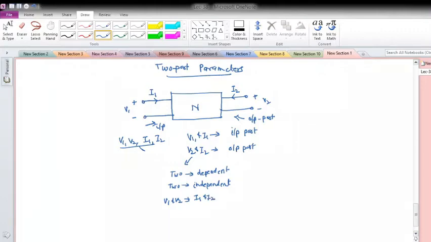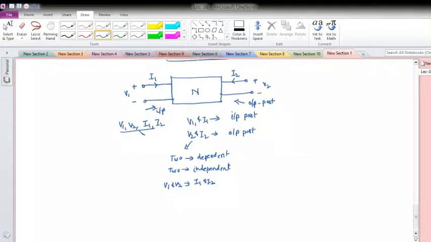Thus the dependency of two of these four variables on the other two variables can also be described in a number of ways, right? And it depends on which variables are chosen as the independent variables and which variables are chosen as dependent variables, because out of four I can choose any two variables as independent variables and the other two as dependent variables.